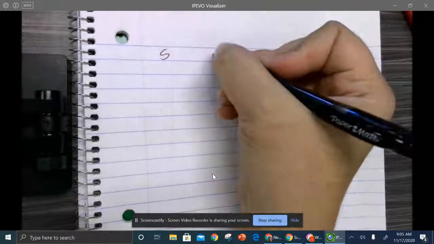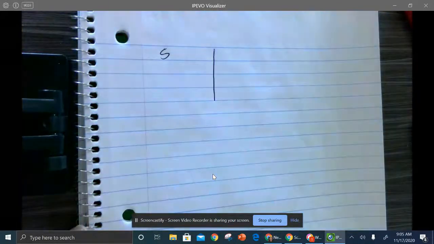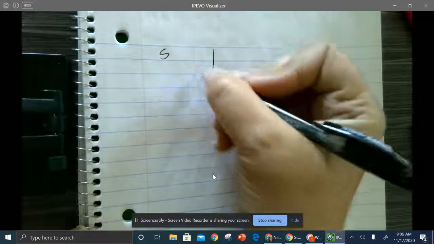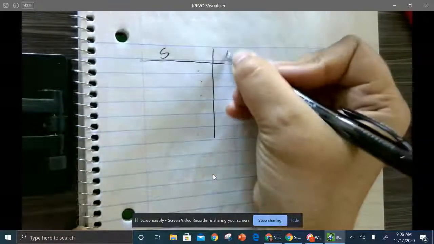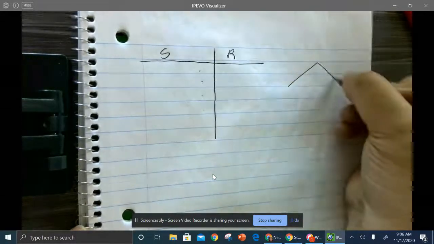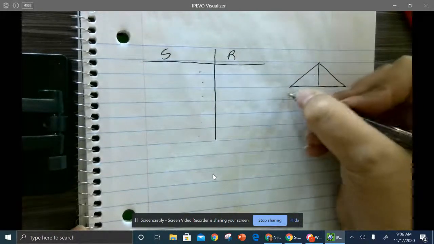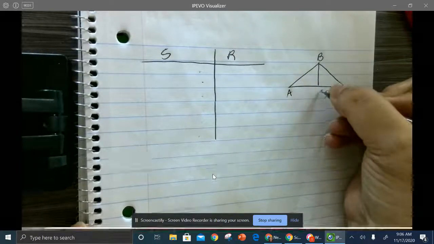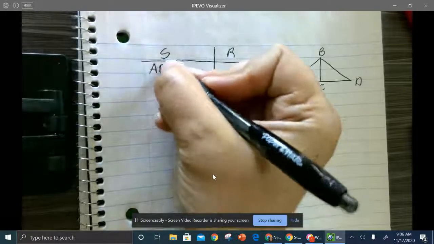Okay, we also have, I'm going to do our statements and reasons. 1, 2, 3, 4, 5, 6. Okay, so we have this triangle cut in half. So A, B, C, D. Okay, so we are given that AB is congruent to BD.